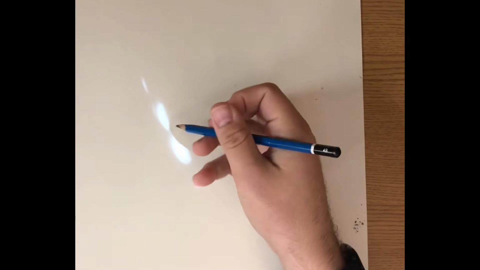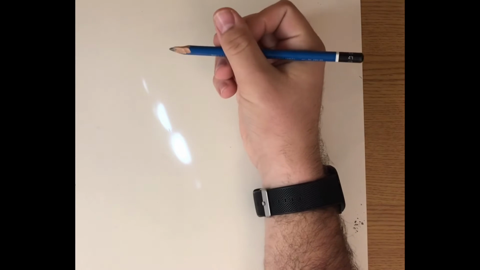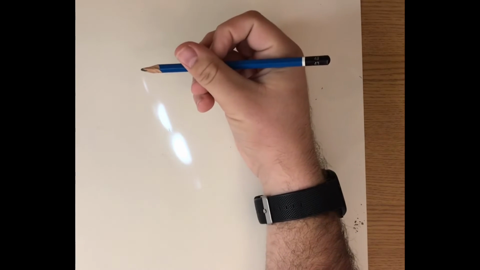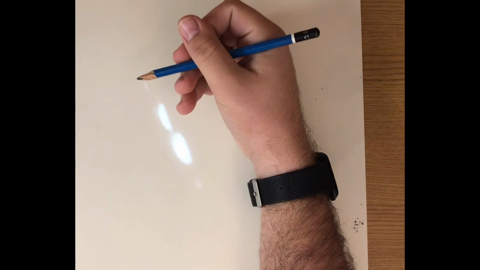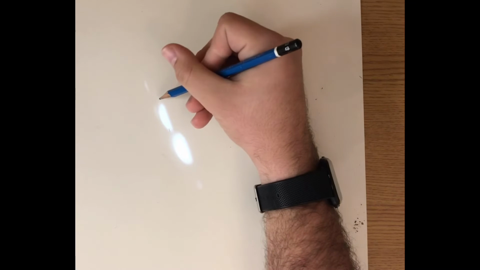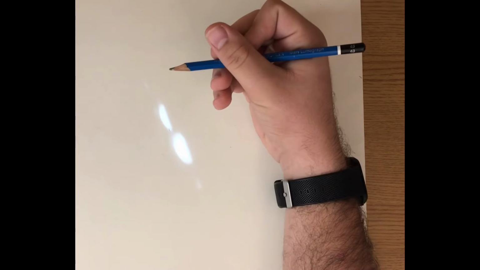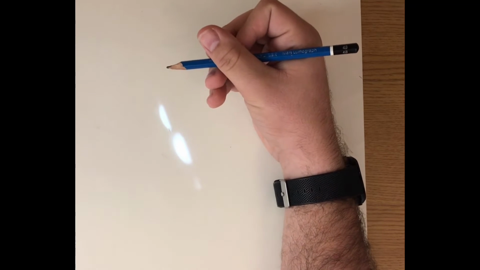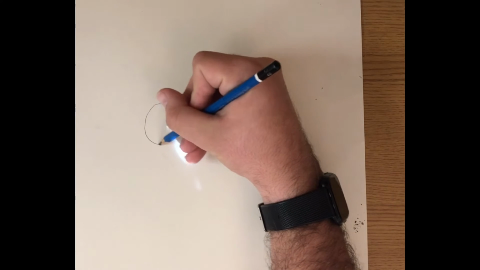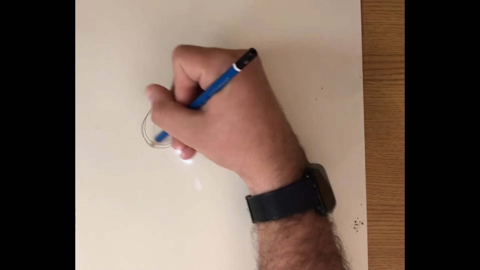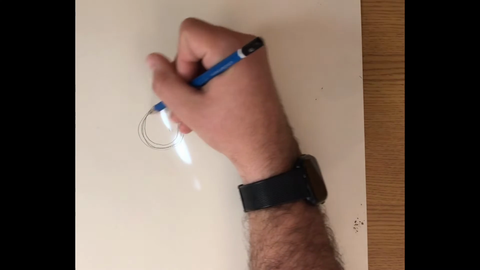Okay, so now what I'm going to do is draw a few very simple shapes for this demonstration, and as you learn more and improve your skills, you can obviously go to much more complicated objects, such as objects in a still life or even organic forms. So I am going to create a circle here.